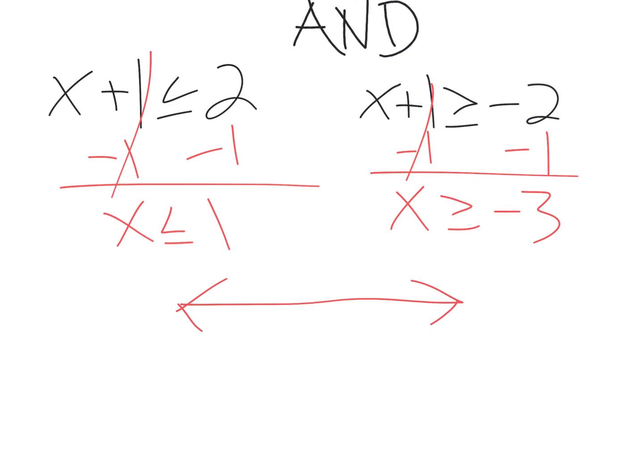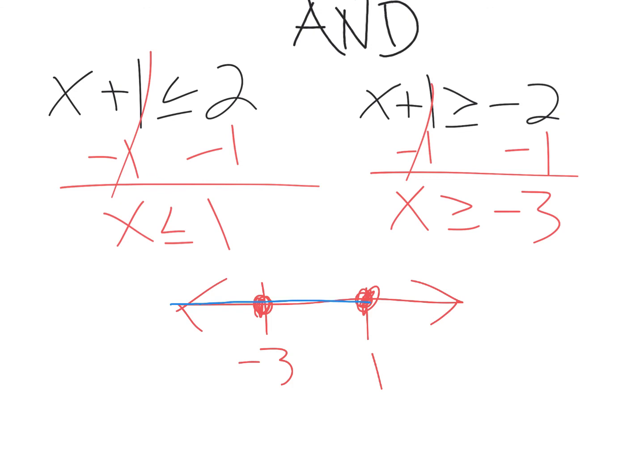What you'll want to do now is graph it on the number line and see how that AND scenario is going to affect your final answer. So here I'd have -3 and 1 on my number line. They're both getting solid dots because of the or equal to option. So the first one says x is less than or equal to 1, so that's going to shade to the left.